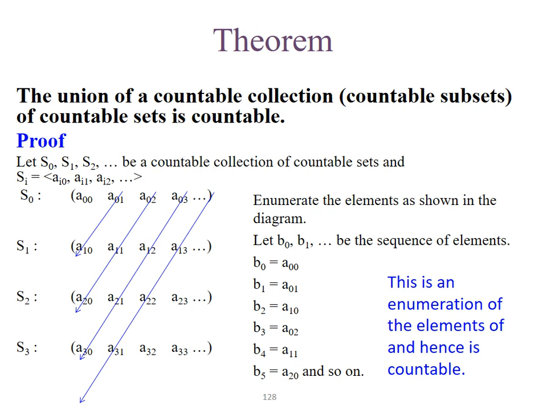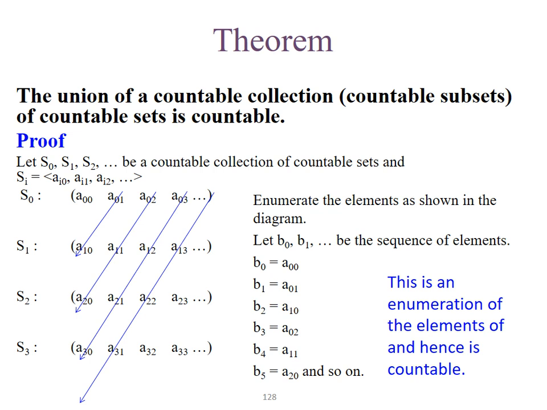If we have a countable collection of countable subsets S0, S1, S2, S3, and so on from the original countable set S, then we can form the union of this countable collection by this step.